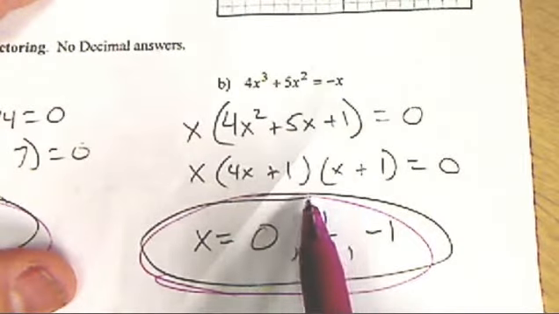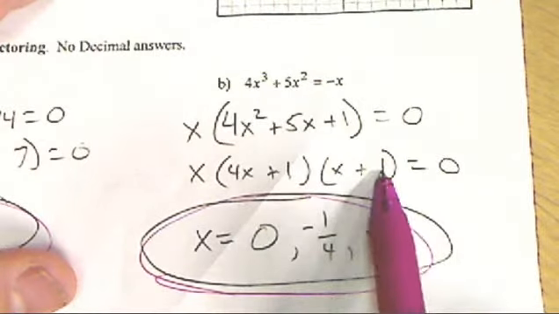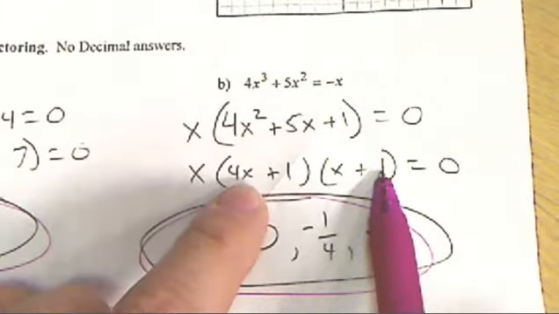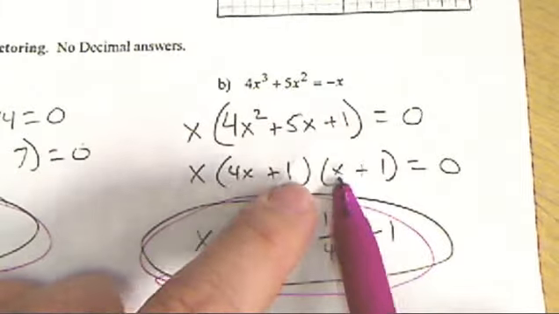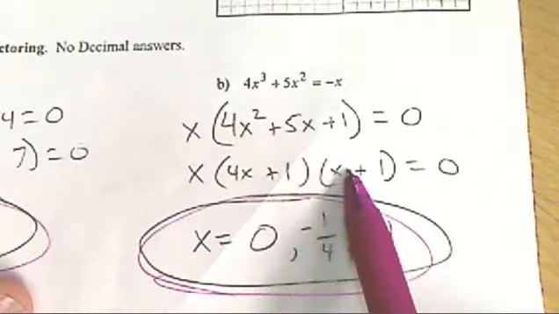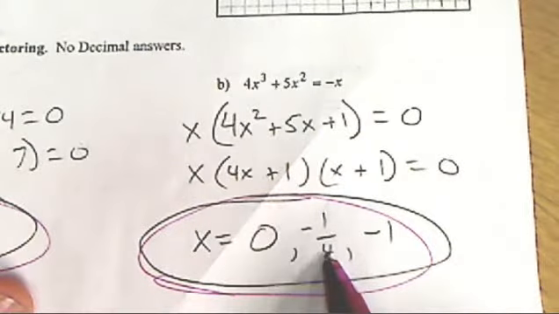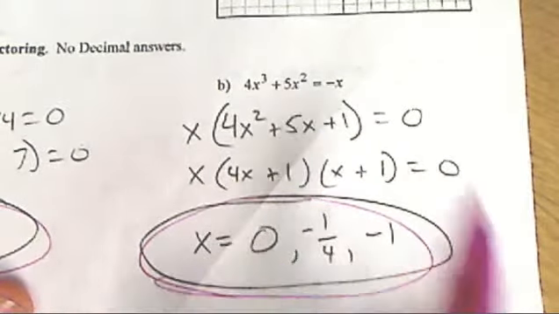I just went through both cases, because 1 is pretty easy. It's a 1 or a 1, so 1 and 1. So that gives me 5, or that gives me 4, excuse me, and that gives me 1. Add them together and I get the 5x. So this answer is the -1. This answer is subtract 1, divide by 4, and that answer is 0.